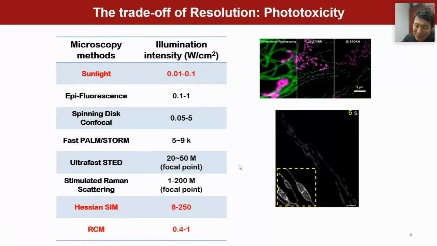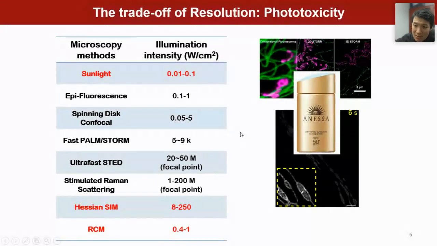But for phototoxicity, the fundamental problem is that not only do you need umbrellas to block sunlight. From a chemistry point of view, maybe we also need sunscreens to really shield and protect the cell in situ. That became my first idea when I started my lab.